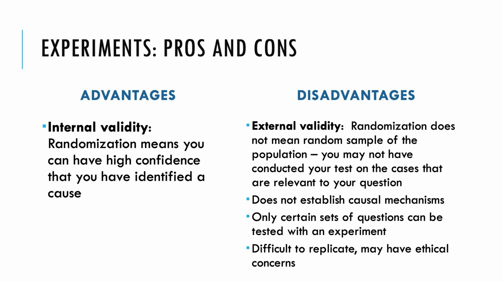The last set of disadvantages of experiments relate to the fact that you can't always do one. Not everything you want to know about politics can or should be tested with an experiment. So again, with these disadvantages, why do we do experiments? Basically, because showing causal relationships, establishing internal validity, is so hard. It's great when we can conduct a study that does that well.